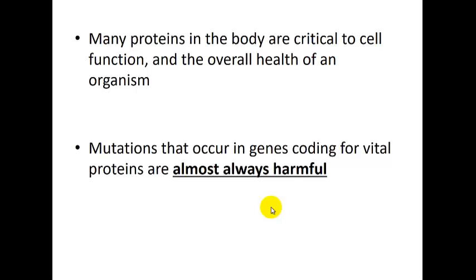So slight changes may result in different cell shapes or different structures in the cell that may or may not be critical. So overall, there are some proteins with a little room for fluctuation and other proteins that are absolutely a staple, a stalwart, so to speak, in our cell structure that are not really able to be mutated at all. So for these types of vital proteins, mutations are almost always harmful.